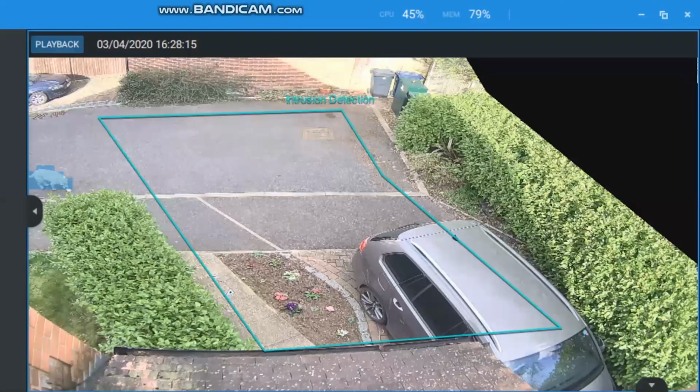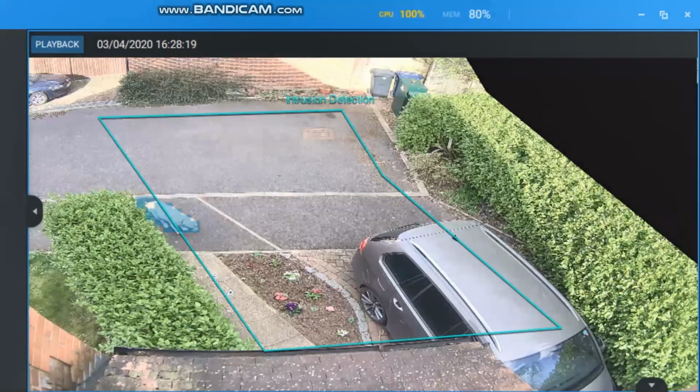Here is an example. You have a line on the ground for intrusion detection, and the idea is to have intrusion detection for humans. So here you have a dog, which is, I think, Lara, who is coming in the image. You see the pixels moving, it means there is motion, but the camera recognizes it's not a human, so no detection.